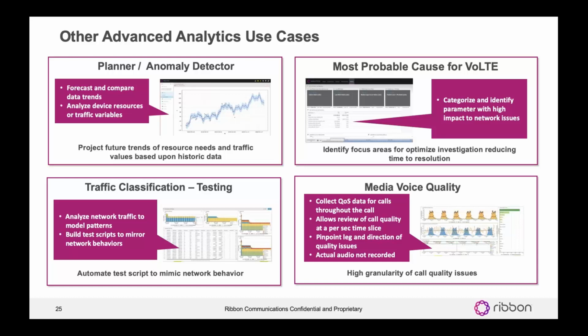On the bottom we have traffic classification. Going back to that slide that I was showing before, which is what can we do with machine learning? Traffic classification was one of the areas we're using this to understand fingerprints of call flows so that we can realize the patterns that our customers have in their networks, of their call subscribers.